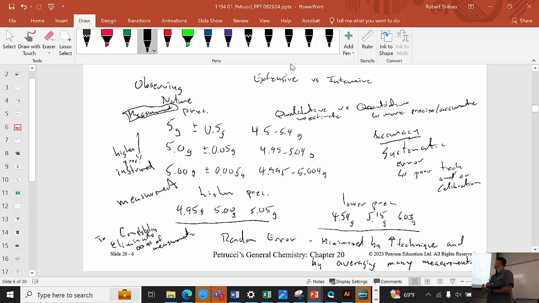Extensive would be depending on the amount, versus the intensive property would be different. What would be the difference between a pound of feathers and a pound of gold? Well, one thing would be one of its intensive properties. Its intensive properties would be what? Density. Density is an intensive property. So an extensive property depends on the amount.